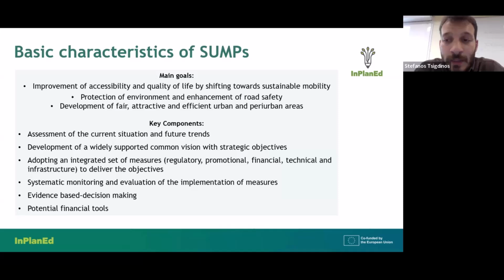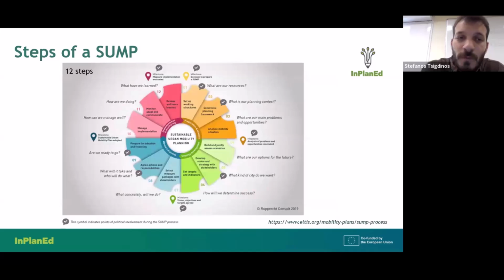Also, it's a plan really connected with evidence, because it's now a methodological tool. It's not arbitrary measures made by our mindset. It's something that connects our mindset to a specific methodology. And we also have potential financial tools. This is very important as well.